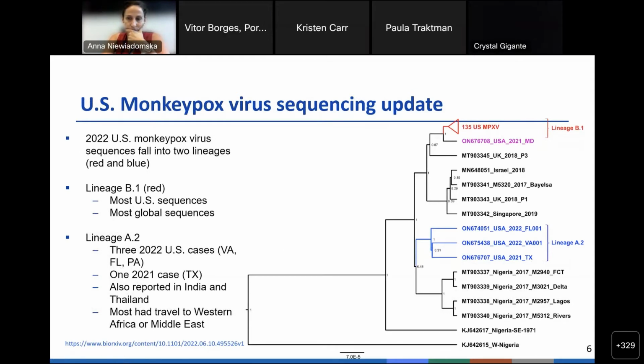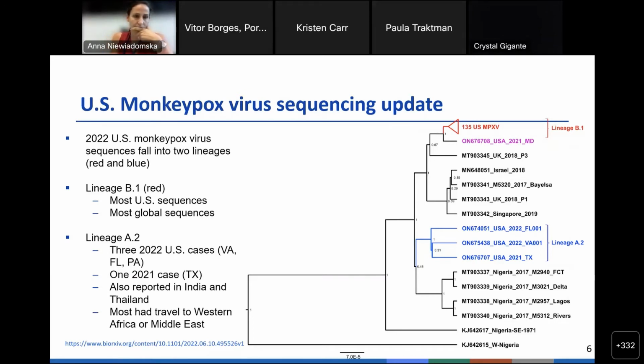So 2022 US monkeypox virus sequences fall into two lineages that were just identified in the previous talk, shown here in red and blue on this simplified tree. Lineage B1 contains the majority of US and global sequences from this outbreak, whereas lineage A2 contains 3 2022 US cases, a case from Texas in 2021, and has also been reported in India and Thailand.